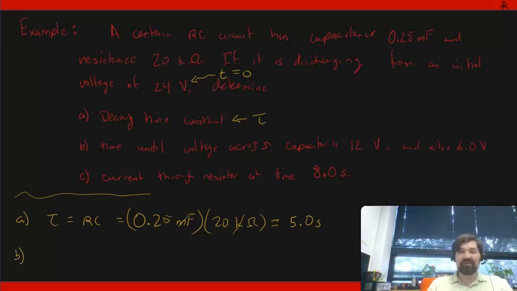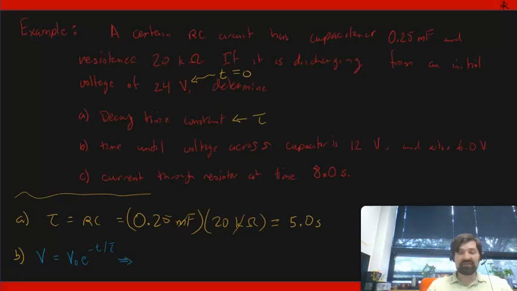B, we want to know the time until the voltage across the capacitor is 12 volts. Now there are two ways of doing this. There's the just use the equation way. Basically you have V equals V naught e to the negative t over tau.